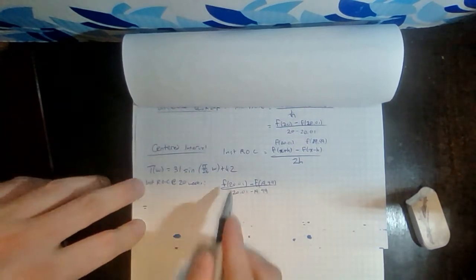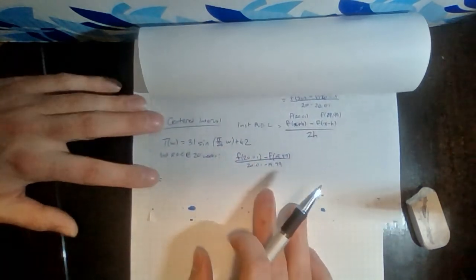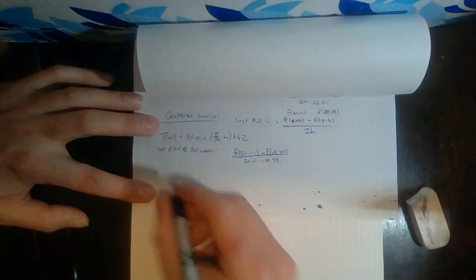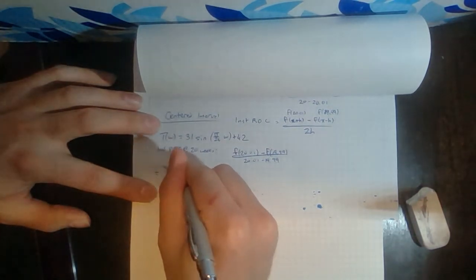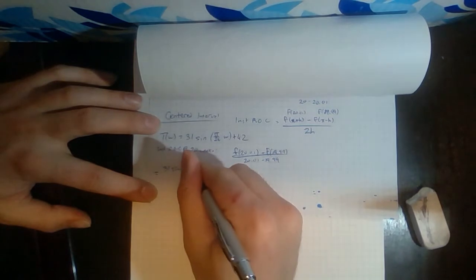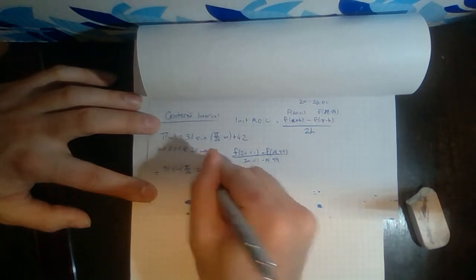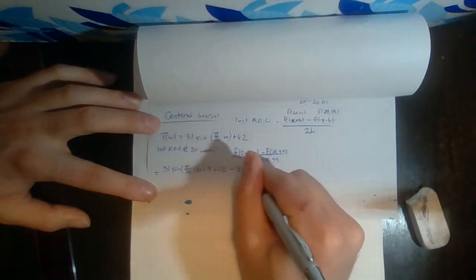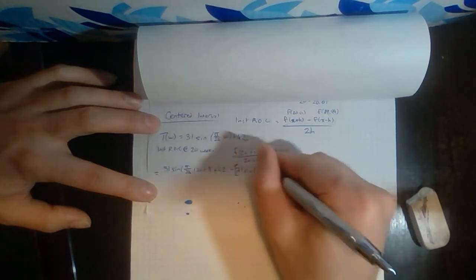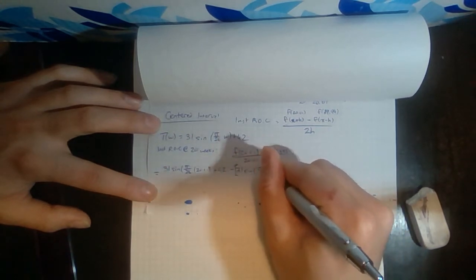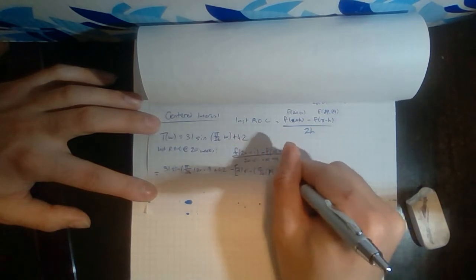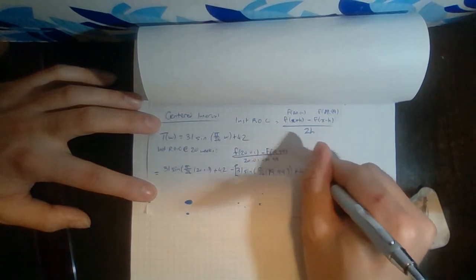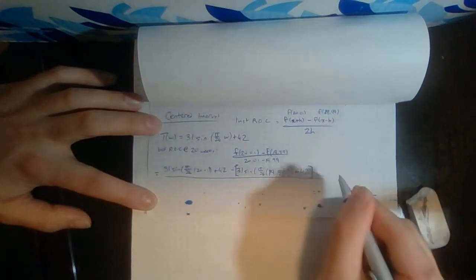We plug this into our equation t for finding t of 20.01: 31 sine pi over 26 times 20.01 plus 42, minus t of 19.99, so 31 sine pi over 26 times 19.99 plus 42, all in brackets, all of that over 0.02, 2h.